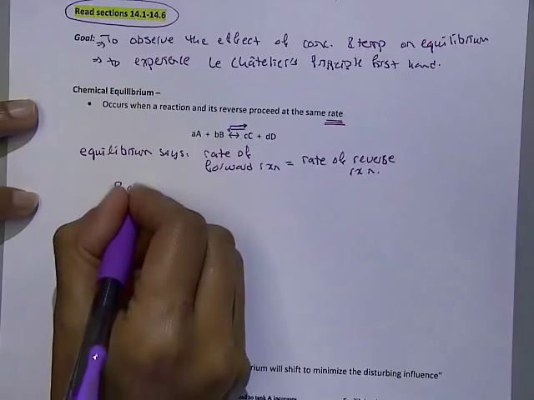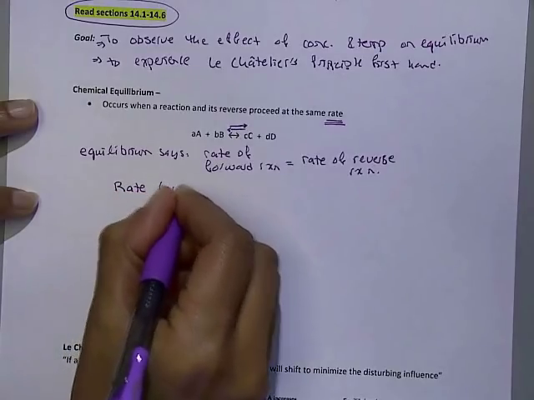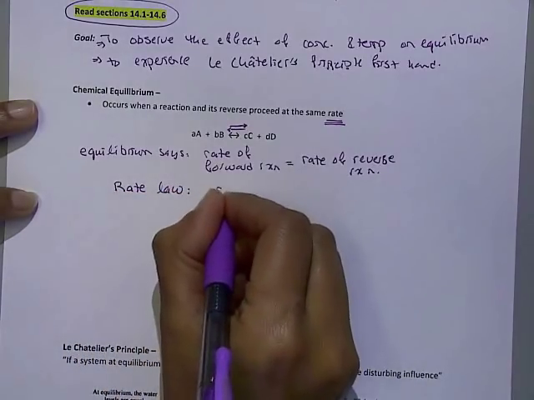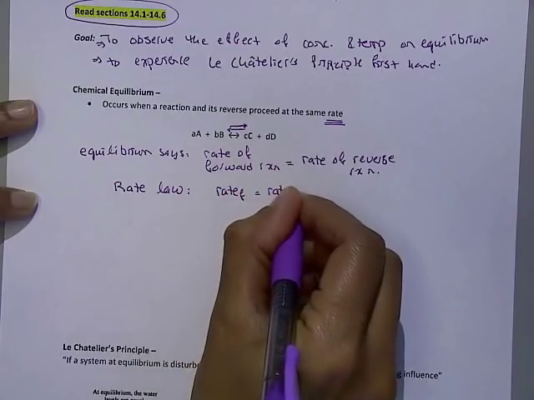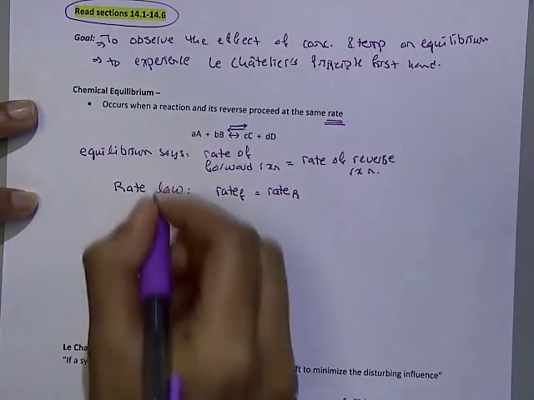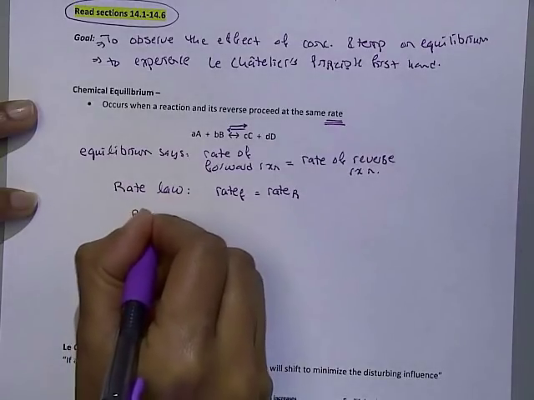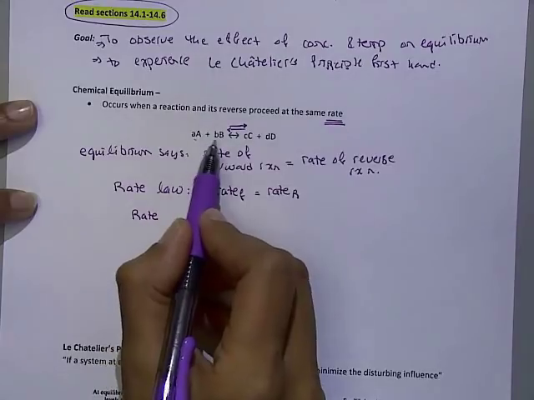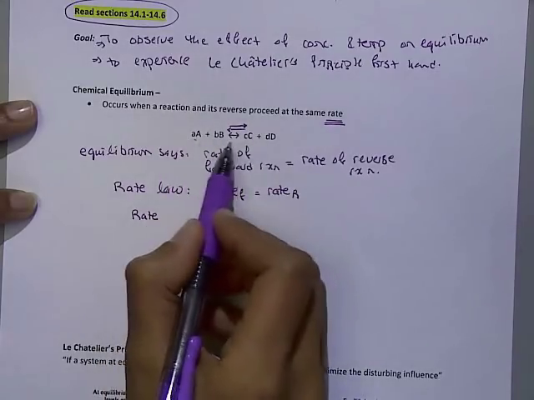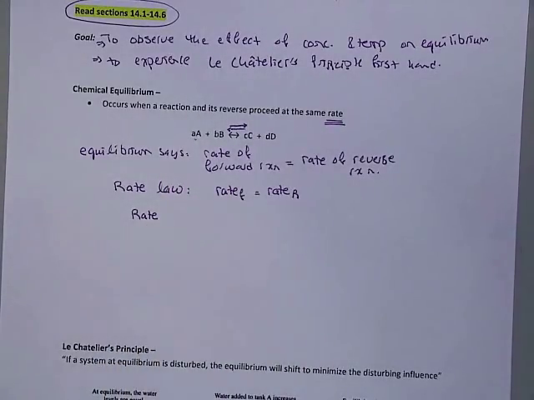So based on equilibrium, we actually have a rate law. In the rate law, if we abbreviate what we wrote above, rate of forward is equal to rate of reverse. Each of these rates can be written in terms of your reactants or your products and the coefficients. So this goes back to, again, appropriately balancing our chemical equation.